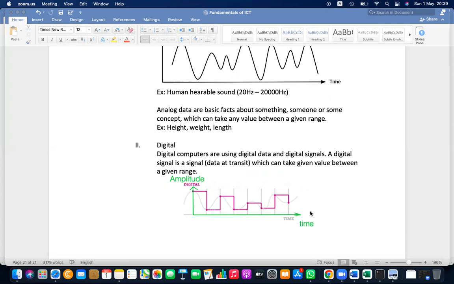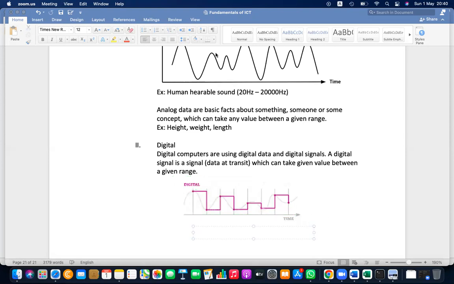Then the purple color line will be enough. Let me know once you're done.